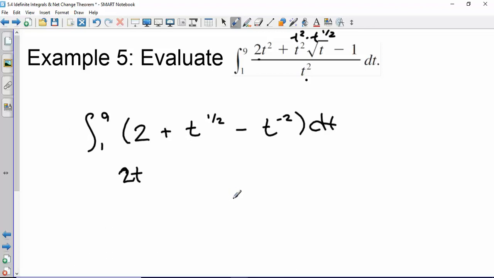So antiderivative of 2 would be a 2t. Plus, if you add 1 to this power, 1/2 plus 1 would be 3/2. So what do you put in front? Okay, add 1 to this power, and that's a -1, so we need a -1 in front, which just makes that a positive.